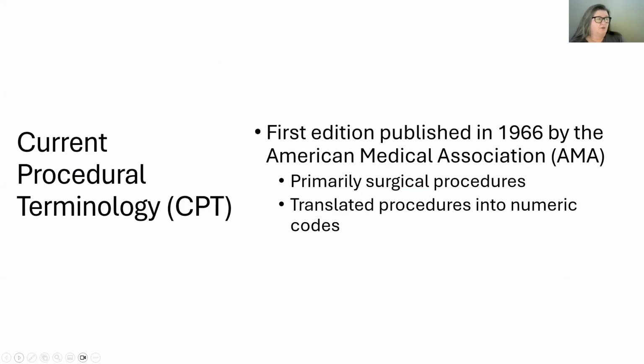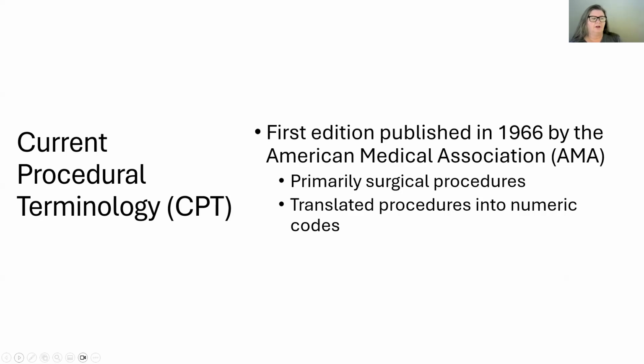Current Procedural Terminology, or CPT, is what we use for this particular type of coding. The first edition was published in 1966 by the American Medical Association, which still oversees it.